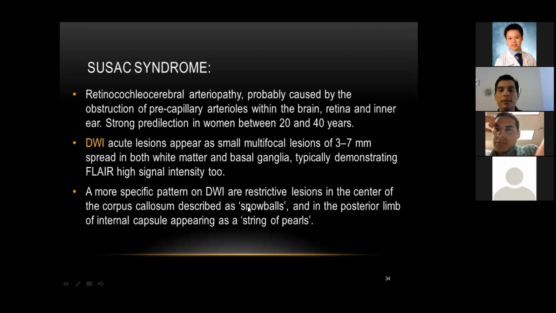Something pathognomonic is the snowballs, the compromise of the corpus callosum in the splenium, in the center of the corpus callosum, to differentiate from multiple sclerosis. Another sign is the internal capsule appearing as a string of pearls.